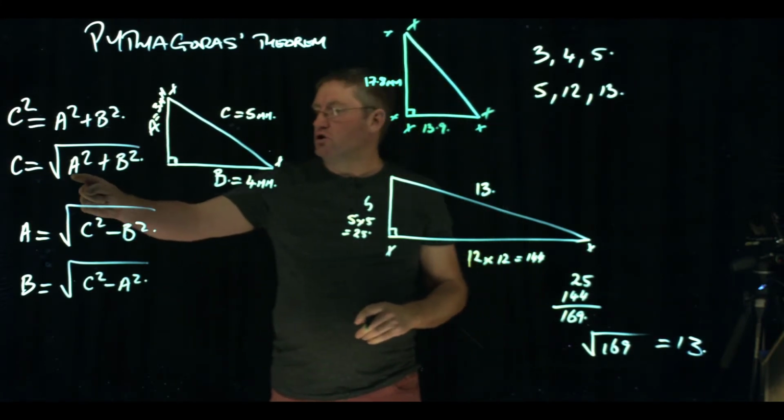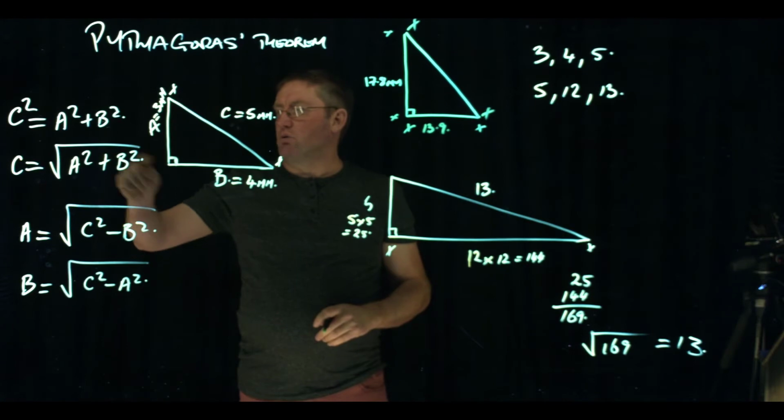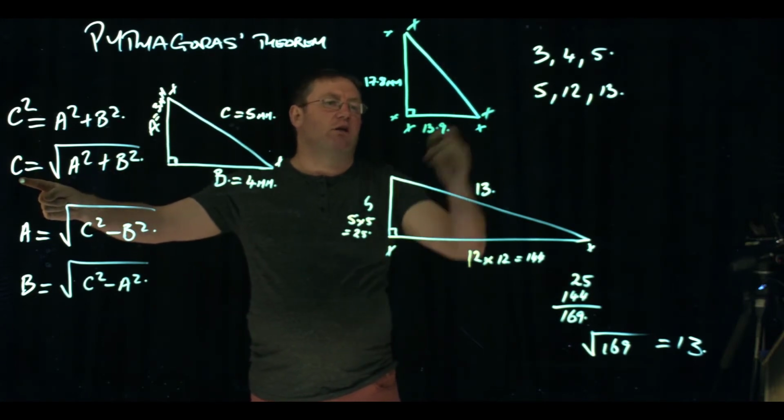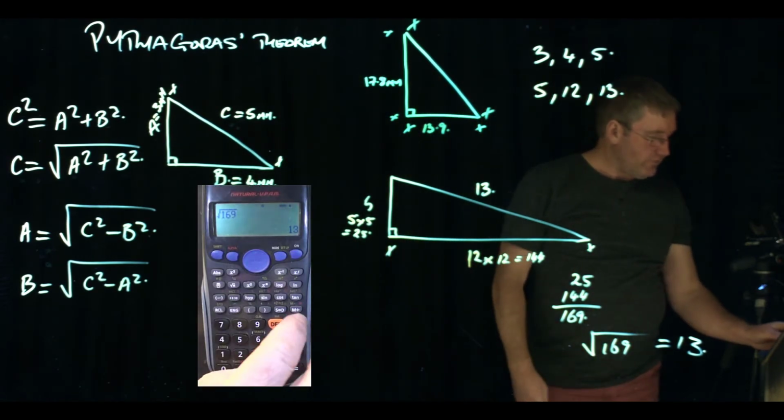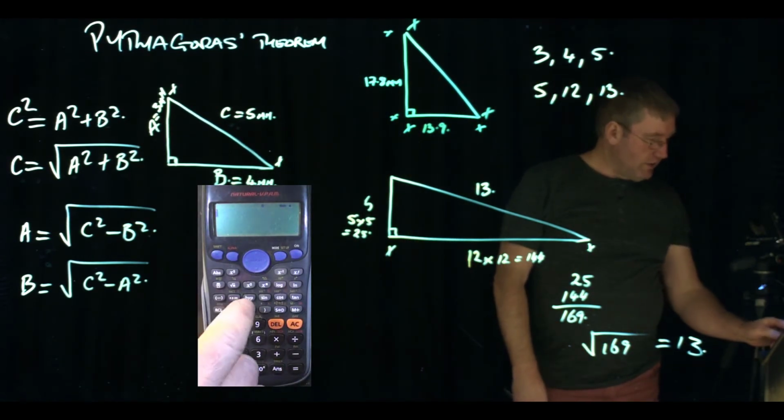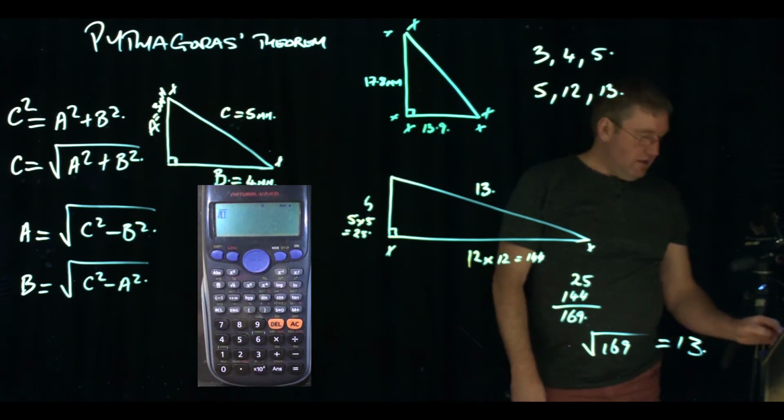We take the square root of those after we've squared them, and that'll give us c, which is this long length on the triangle. So back to the calculator, I'm going to type in the square root symbol for a start.